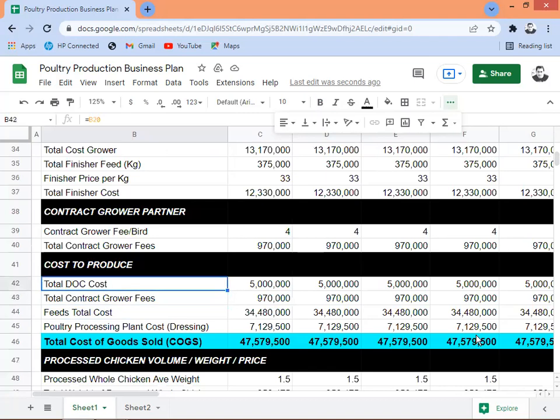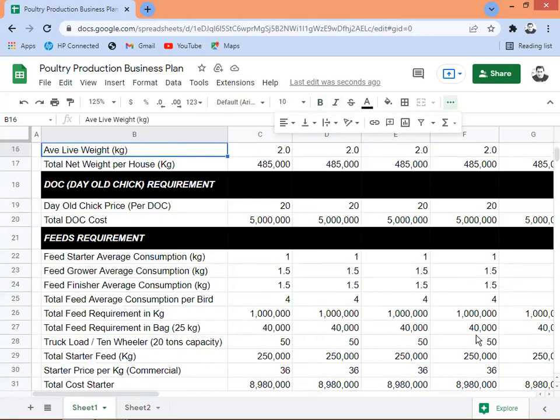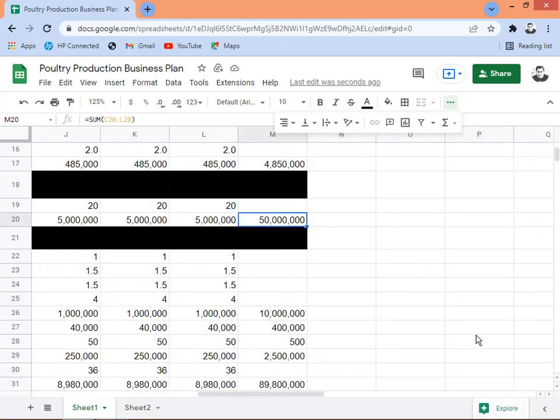What's important here is you have more money to buy the day old chicks. Remember, day old chicks is 50 million.